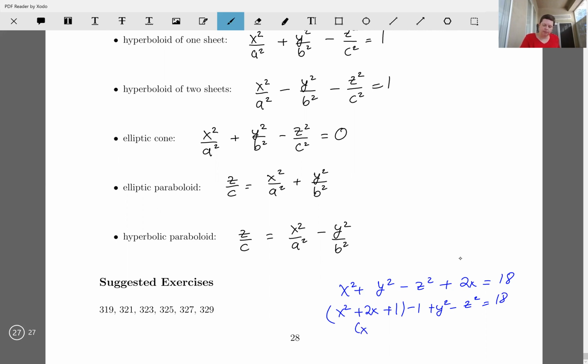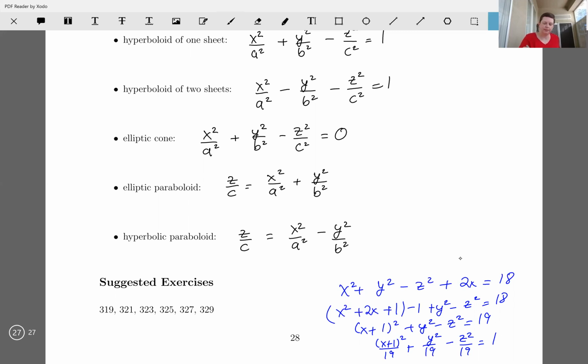So that would give me (x plus 1) quantity squared plus y squared minus z squared equals 19, and then just divide through by 19. (x plus 1) squared over 19 plus y squared over 19 minus z squared over 19 equals 1, if you want to get it into that form, and that's the idea.